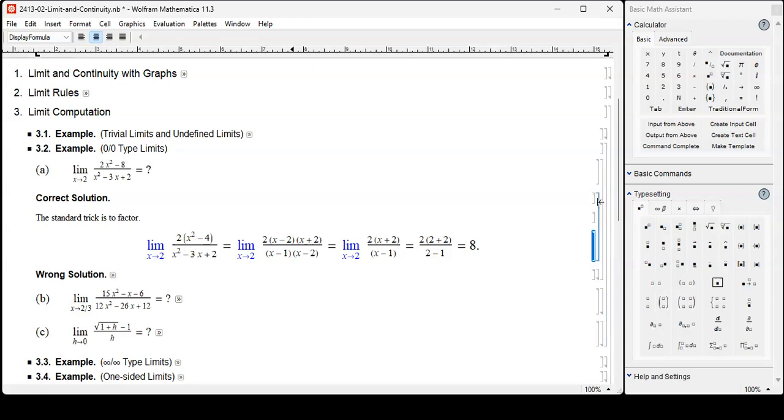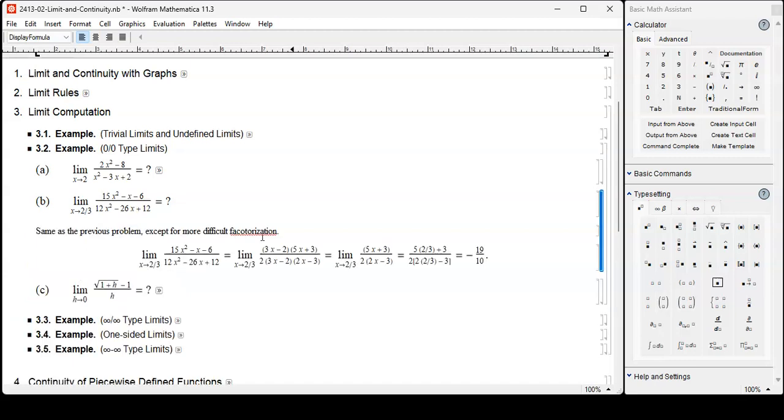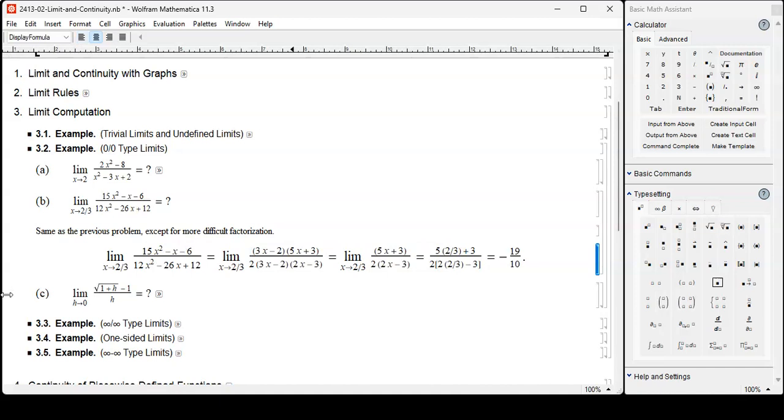Now, what if you have something more complicated? Like this. In that case, you have to factor it using a little bit more advanced technique. So here, down here, let's increase the font. Factor 2 out. So 6, and then 13.